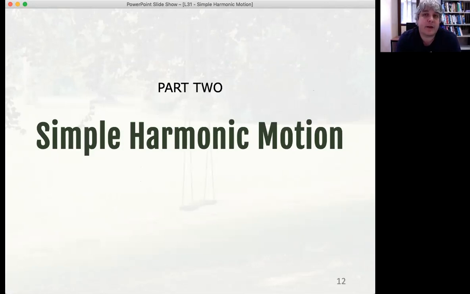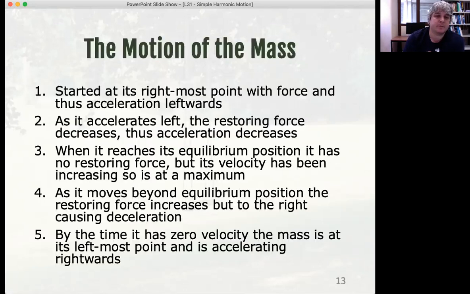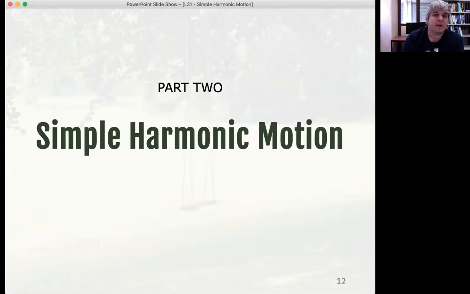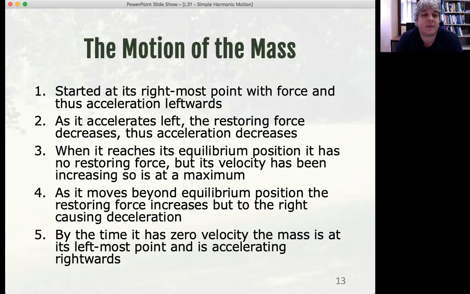So let's talk a bit more about simple harmonic motion now that we've introduced it through our mass spring system. So that mass started with its position being as right as it was going to be, so the rightmost position, the force and acceleration were leftwards. It accelerated leftwards, so it was getting a leftwards velocity, but the acceleration was decreasing as it did that.